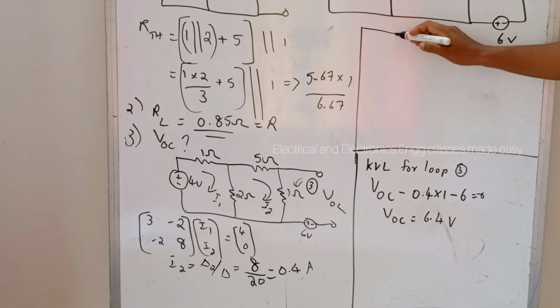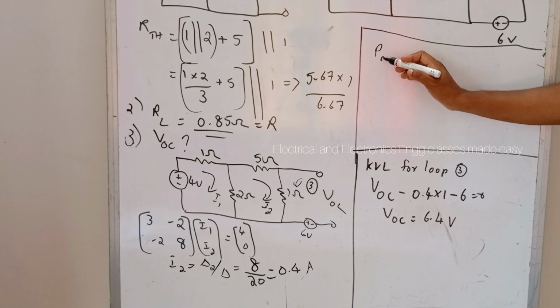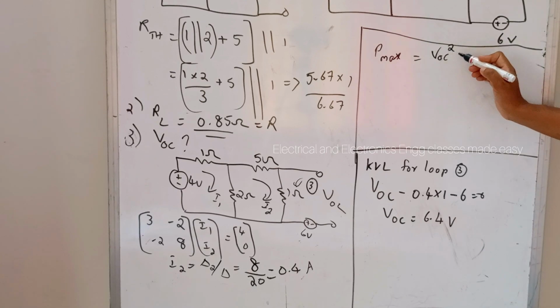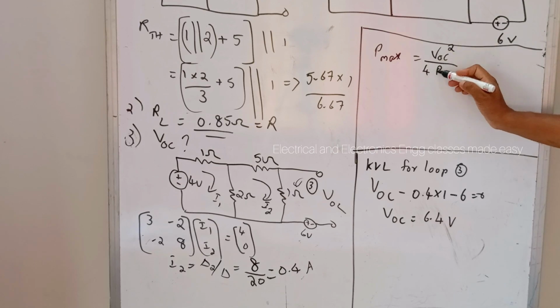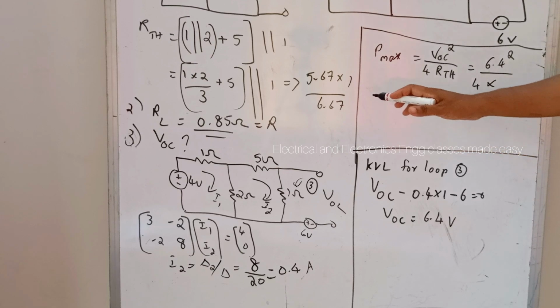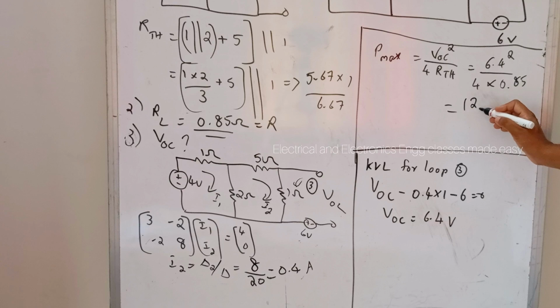Now we can find the maximum power, that is Pmax equal to VOC square divided by 4RTH, and that is equal to 6.4 square divided by 4 into RTH, which is 0.85, and we will get the value of maximum power as 12.05 watts.